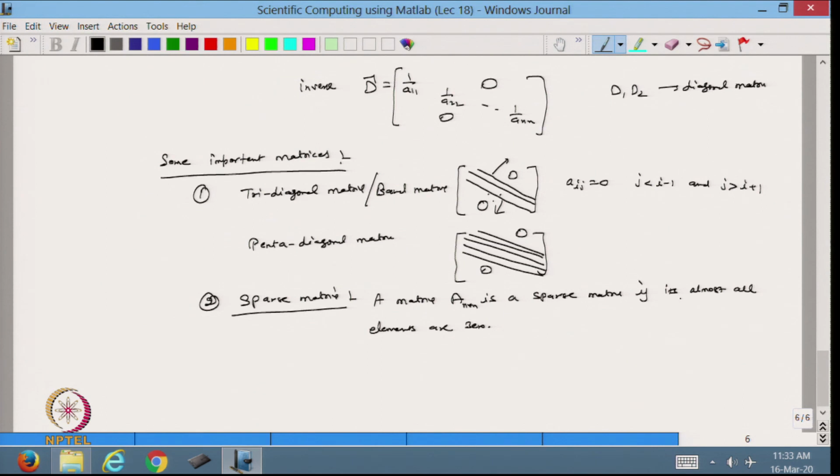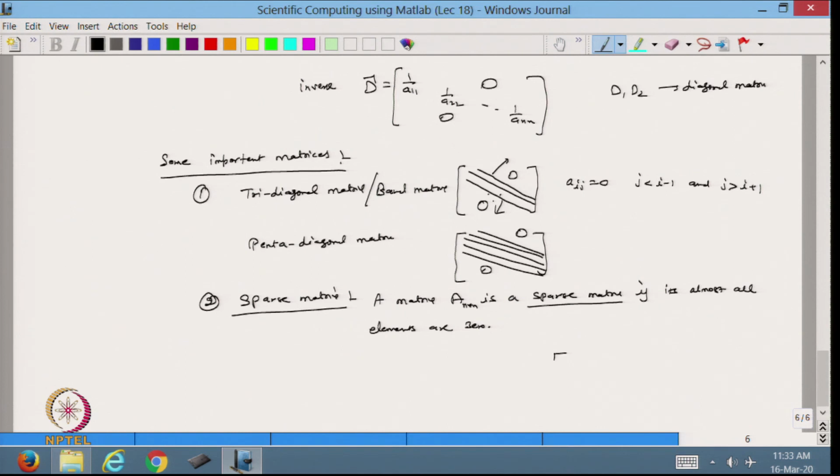Basically, a band matrix can also be called a sparse matrix. Suppose I have a 10 by 10 matrix that is tridiagonal; it can also be called a sparse matrix. So, a matrix is called sparse if almost all the elements are 0 except a few. This is the definition.